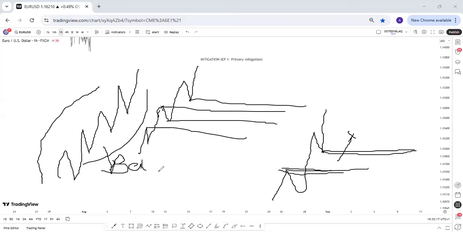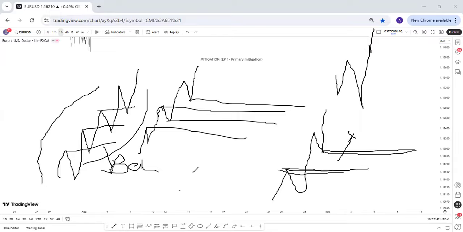Since support mitigated resistance here, it means there is no liquidity around this particular place. So it is safe to now say that a resistance or a support that has not been mitigated is an imbalance.